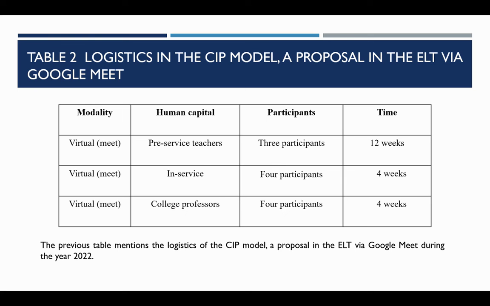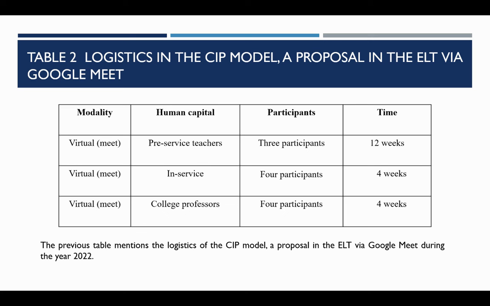And the second part we have, also in a virtual manner using Google Meet, the human capital will be in-service teachers. We will have four participants, and they will be teaching 4 weeks, that makes it one specific month.